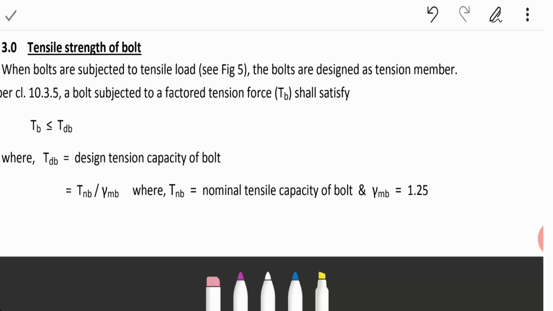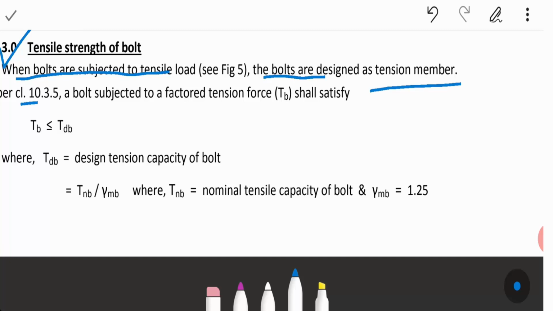When bolts are subjected to tensile load, the bolts are designed as the tension member. As per clause 10.3.5, a bolt subjected to a factored tension force, which is equal to Tb, shall satisfy Tb less than or equal to Tdb. Clear?